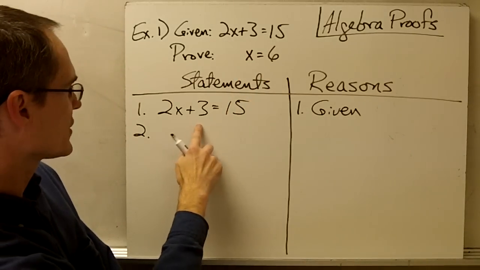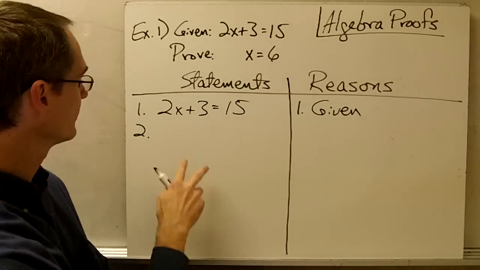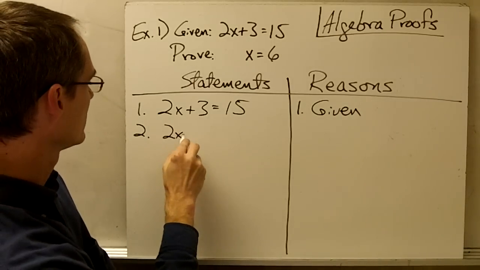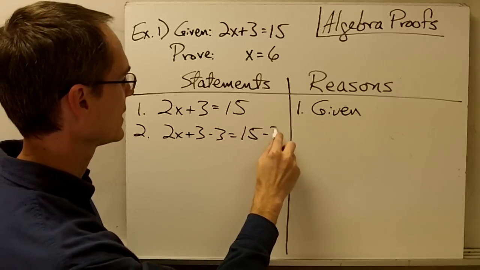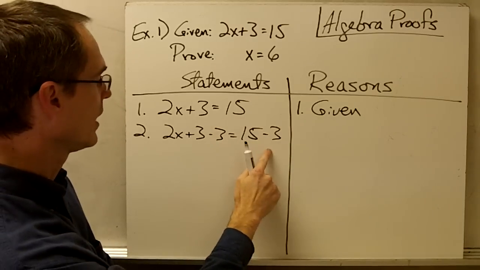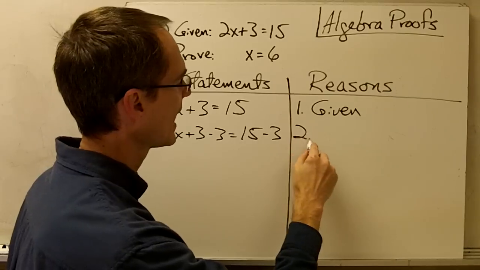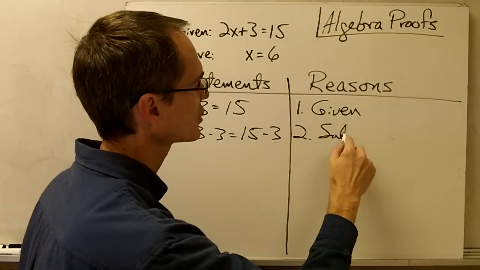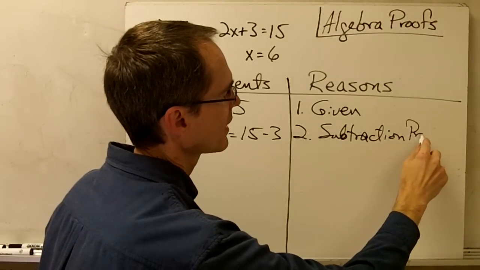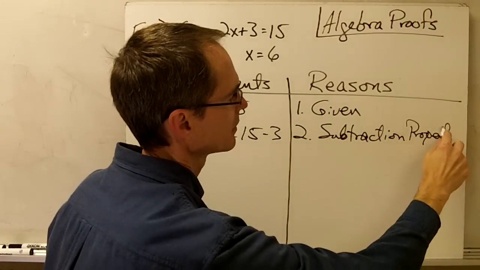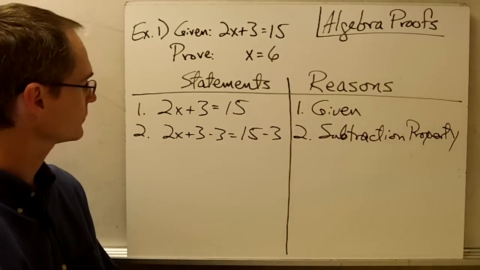I can see that the first step is to subtract 3 from both sides of the equation. So if I take this side of the equation and subtract 3, and I take this side of the equation and subtract 3, anytime I subtract the same thing from both sides of the equation, I know that is the subtraction property. And so I write down subtraction property for my reason for this second statement.